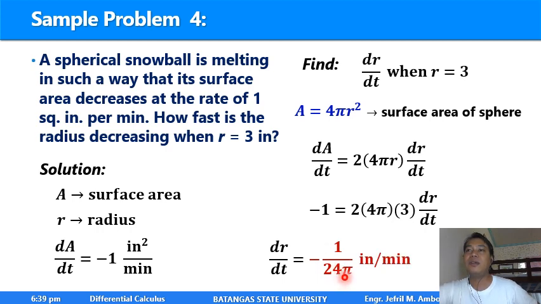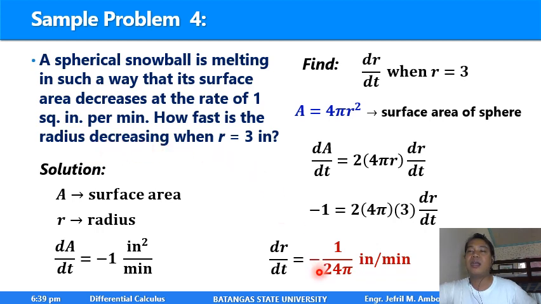Okay? What is the unit? The unit of r is in inches and the unit of time is in, sabi dito, minutes. So, that will be inches per minute. So again, why did we have a negative sign here? Because it is said that the quantity decreases. Ayan, no? So how fast is the radius decreasing?